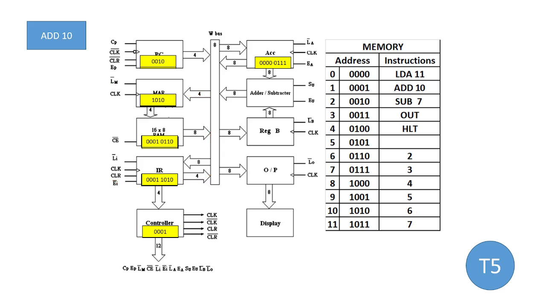So next one is our T5. So here in our T5, the content data that is in MAR, since we go back to our T4, it was sent here on our RAM.